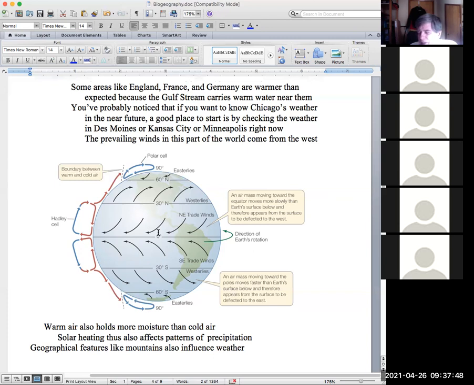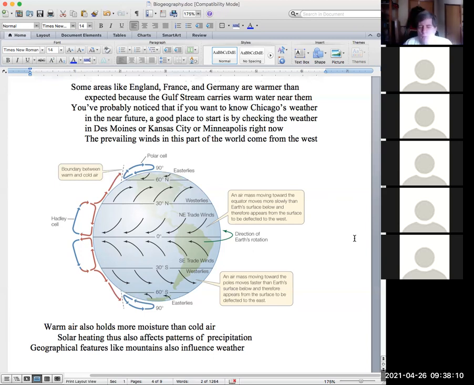Cold air tends to not hold as much moisture. So there's less moisture for precipitation. Now, to pick up moisture though, how does the moisture get in the air, regardless of how much it can hold? Well, the air has to move over water.